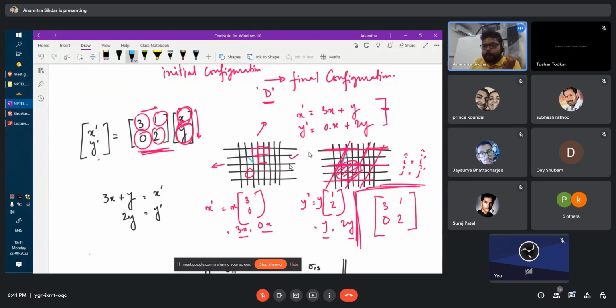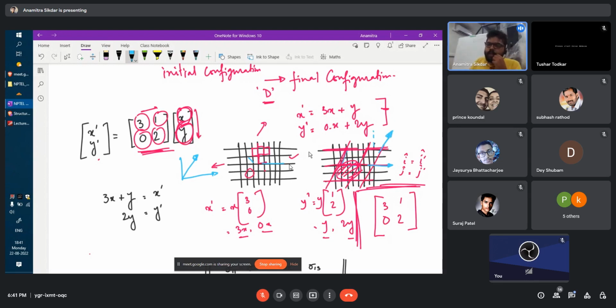Like here, this y direction is changed into something like that, right? But the x direction did not change, right? X direction remains the x direction even in the deformed matrix. This is the x direction, but this is the previous y direction which is changed. This was the previous one and this is the new one, right?